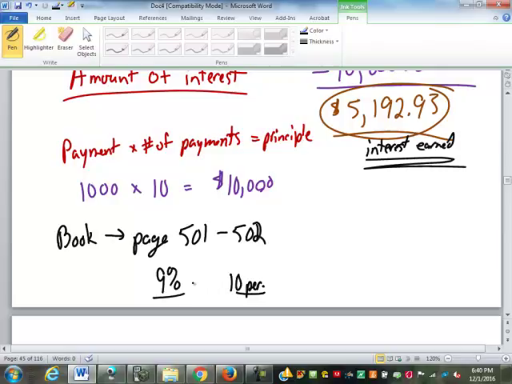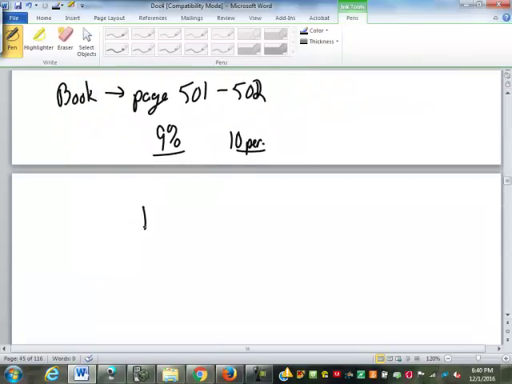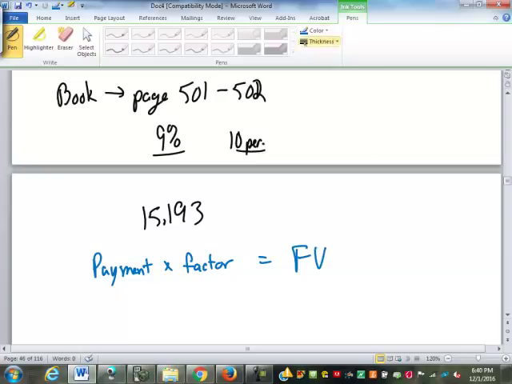We do the 9% for 10 periods, which gives us 15.193. What that is saying is that we take the amount of payment times that factor to get our future value. So we take our $1,000 payment times that factor of 15.193, which gives us a future value of $15,193.